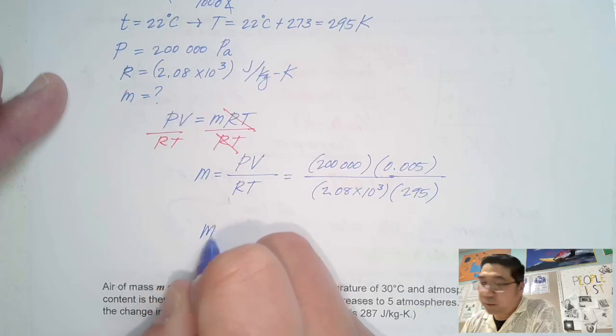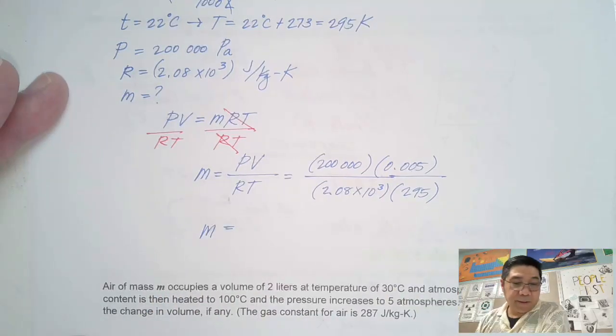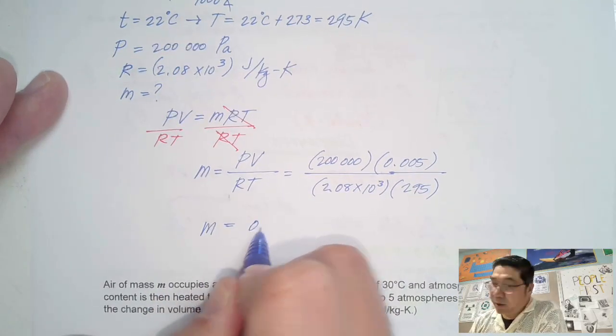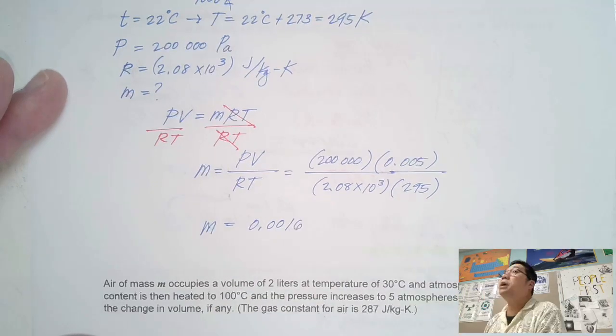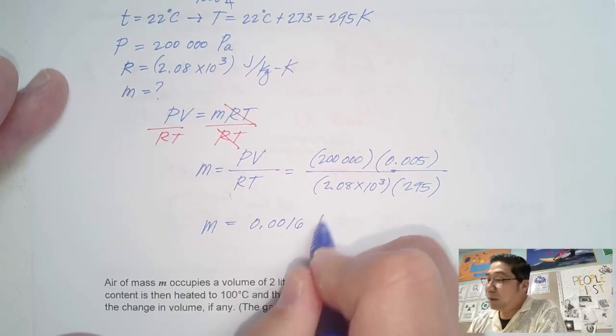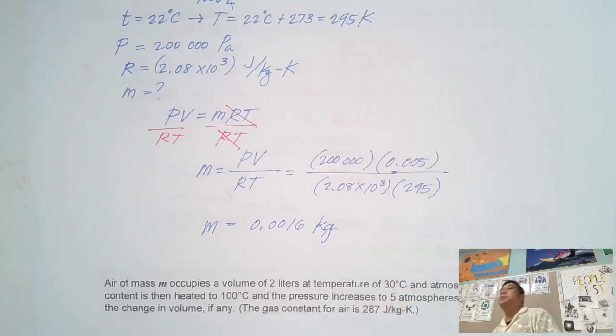So what is the amount? If you simplify this, you will have 0.0016. And what's the unit of mass? It is in terms of kilograms. So that is how you apply the ideal gas law. You've done this in chemistry class.